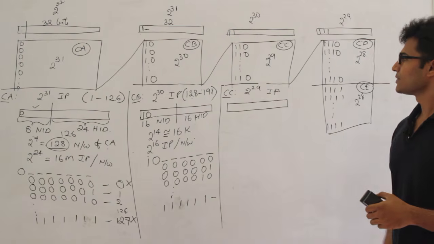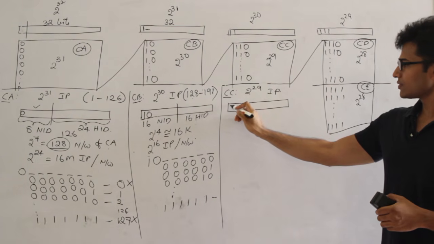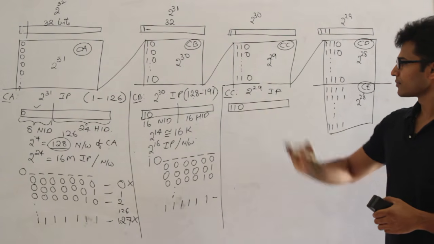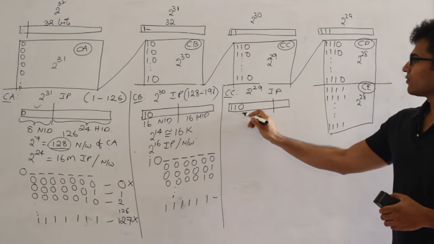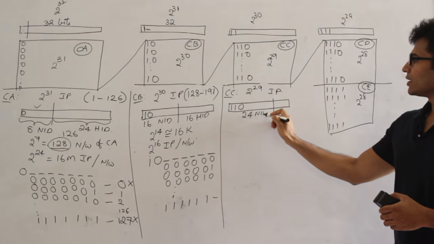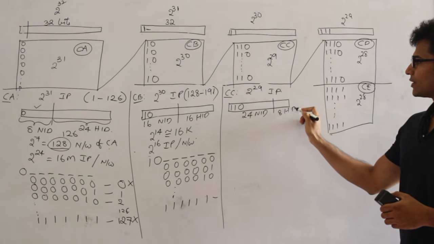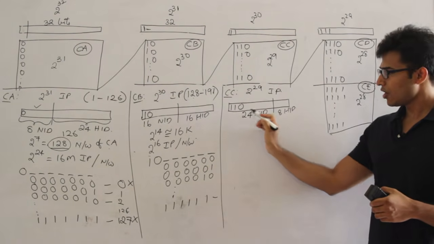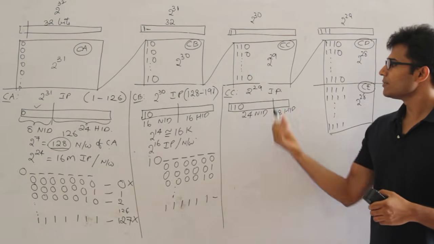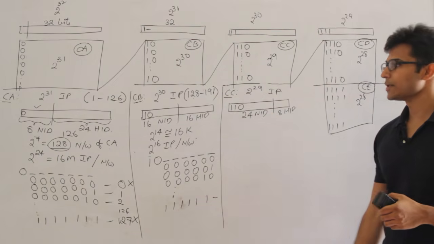We have 32 bits, and in the 32 bits they start with 110. They divide it into 24 bits of network ID and 8 bits of host ID. With 24 bits of network ID, already 3 bits are fixed. How many bits are remaining? 21 bits are remaining.